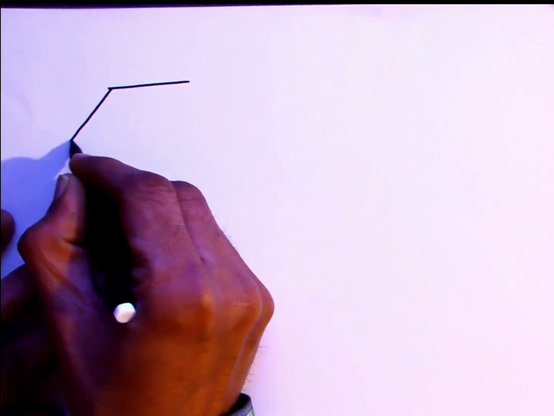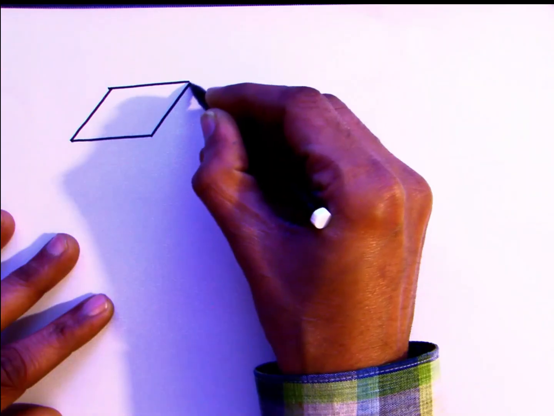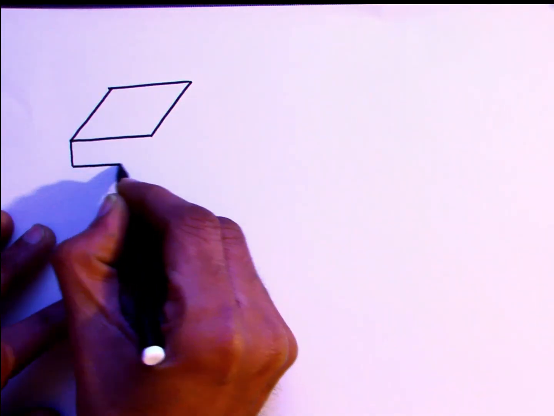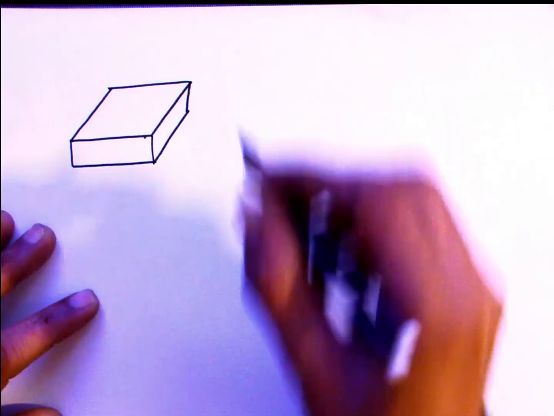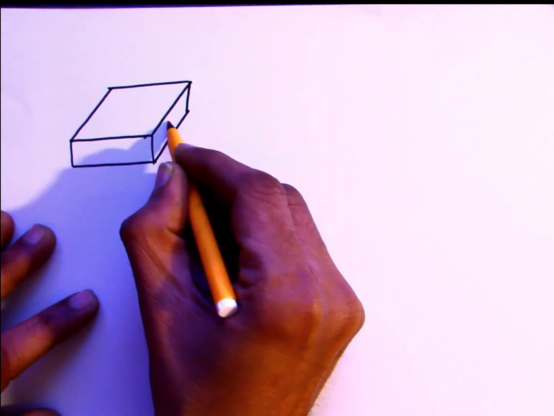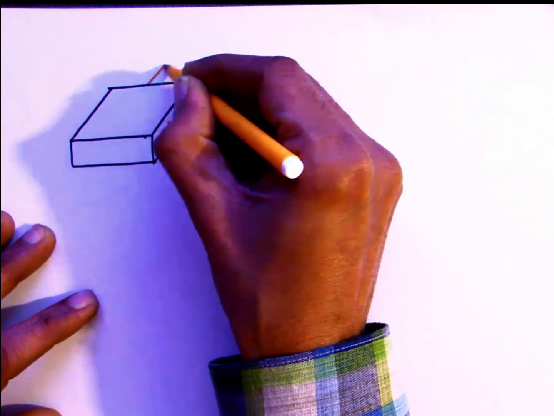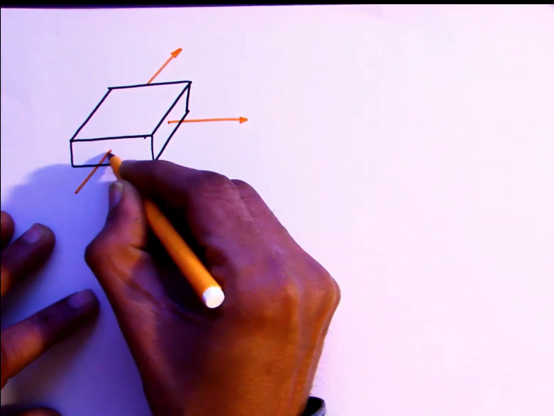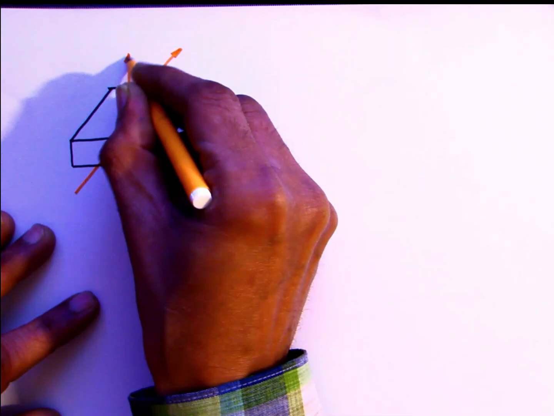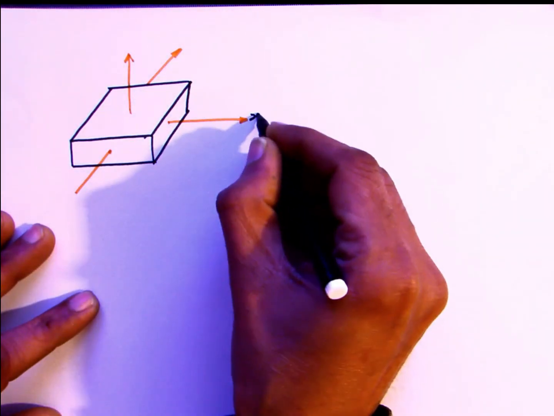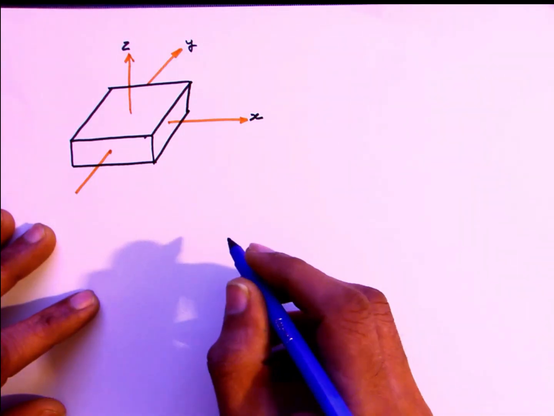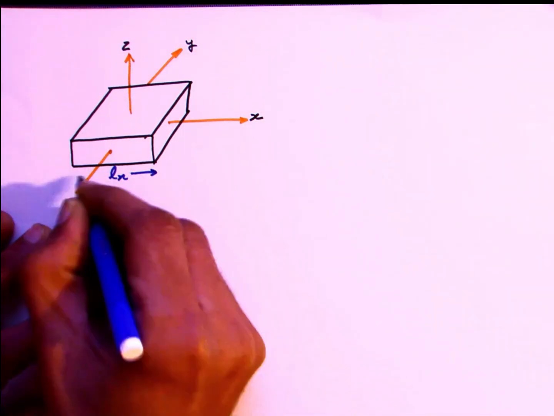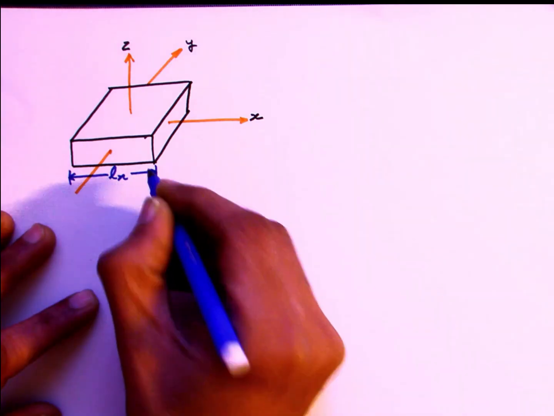We can see the closed form expressions for certain shapes. Let's say we have a cuboid structure, and the dimensions of the cuboid along x, y and z directions are Lx, Ly and Lz respectively.